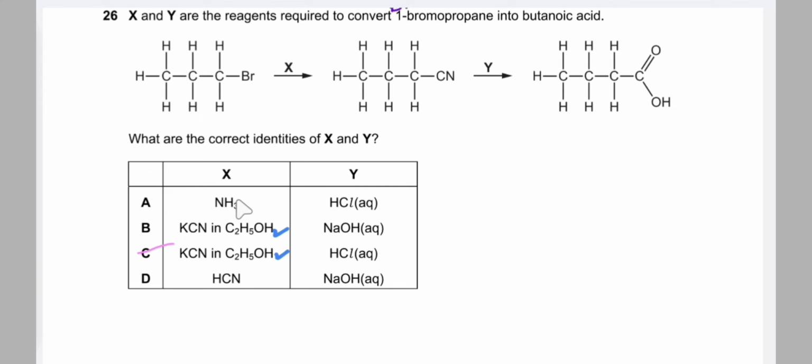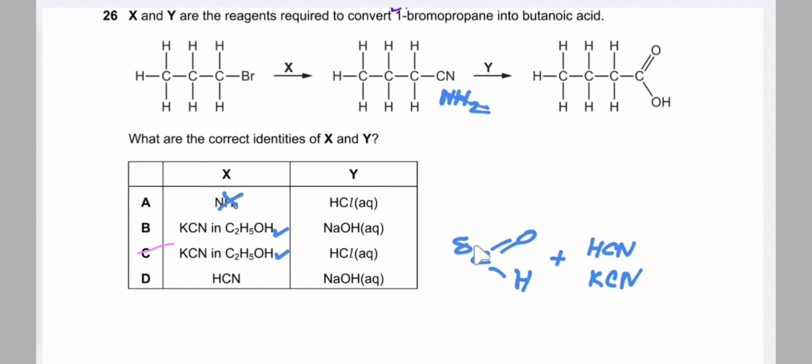This cannot be ammonia. And let's suppose if the reactant is ammonia, then the product that is formed contains NH2. So this is not ammonia. And this is not HCN. And usually what reaction occurs, for the reaction of HCN, the C=O group reacts with HCN in presence of KCN catalyst to form the product.